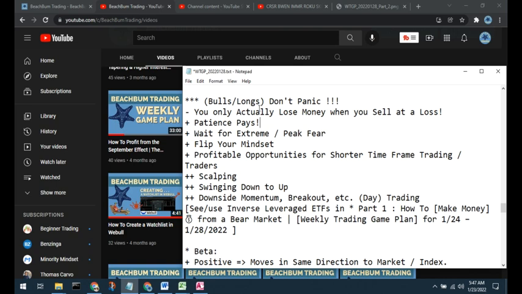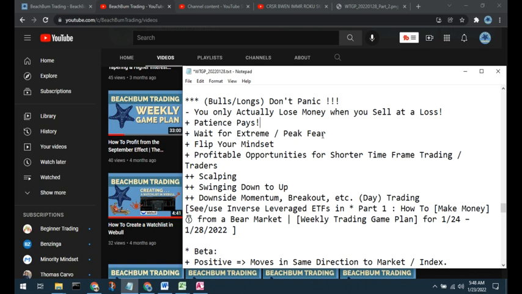Now, when we talk about longs, we're not rebuilding a lot of our bullpen right this second, but in a second we'll talk about how we rebuild our shopping list, rebuild our bullpen. We're waiting for the extreme, the peak fear, and in part one, we looked at the fear index, and we're not there yet.